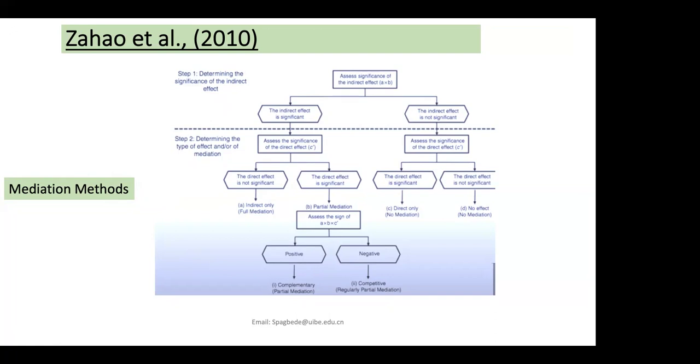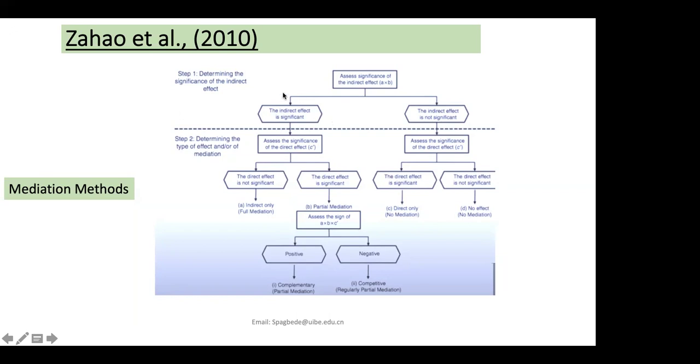If it is not, then you assess the significance of the direct effect. Now you ask yourself, is the direct effect significant? If it is, it means your model only has a direct relationship, no mediation. If the direct effect is not significant, it means no direct effect and no mediating effect.